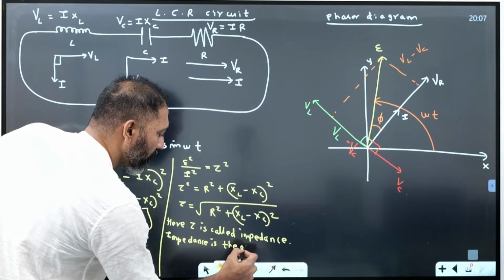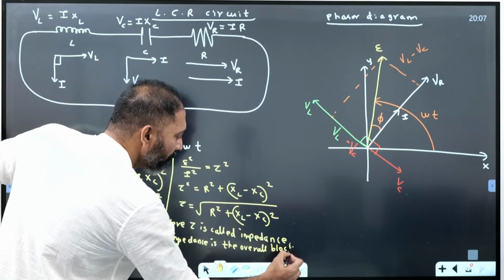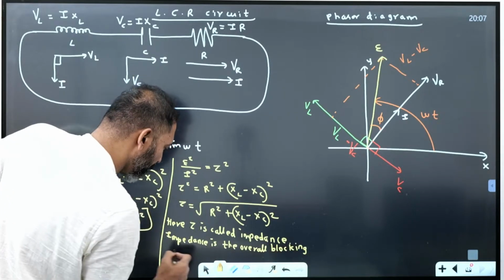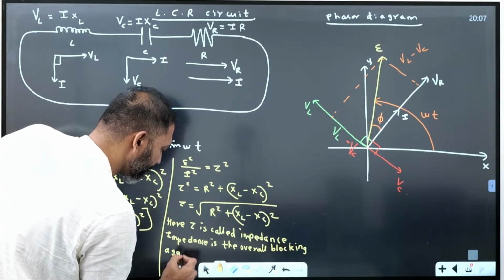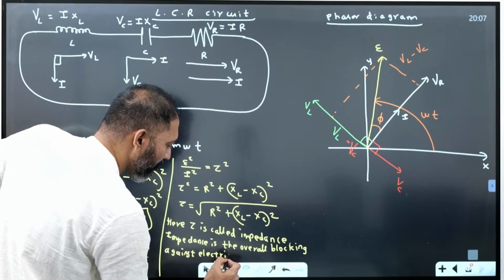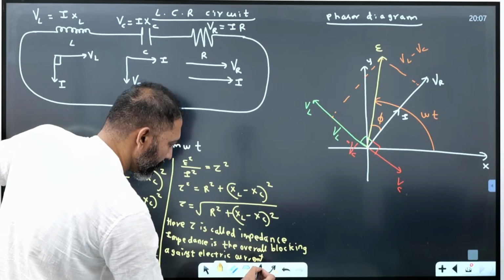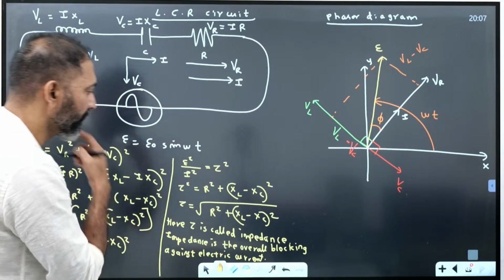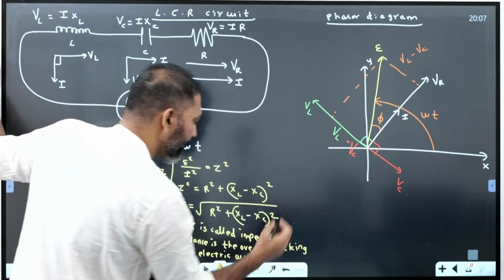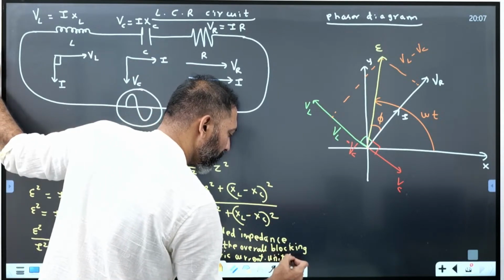the overall blocking against electric current. What is impedance? Overall blocking against electric current. Unit is ohm. Unit of impedance is ohm.